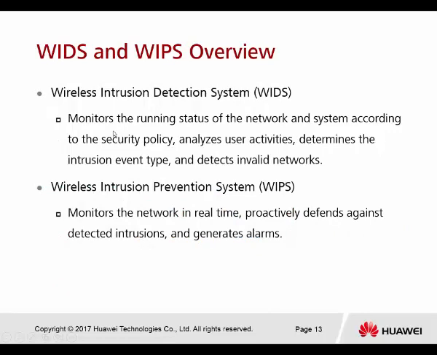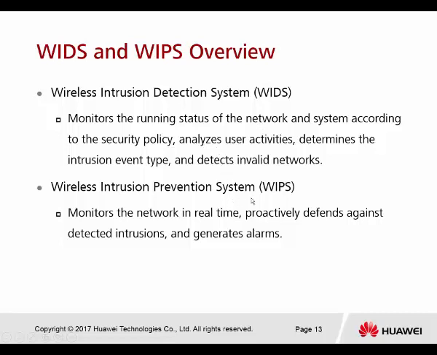WIDS is used to monitor the running status of the network and the system according to the security policy, analyze the user activity, determine the intrusion event type, and detect the rogue network. So basically this feature is used to scan and monitor all the traffic.